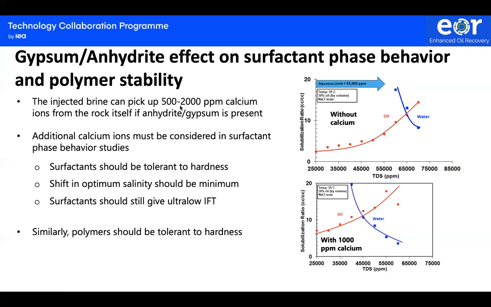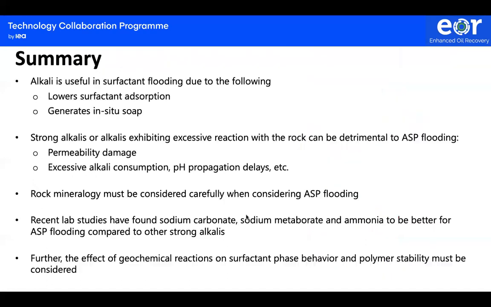So it's important to consider the effect of these interactions, particularly in the case of anhydride, not just on alkali but also on surfactant phase behavior and on polymer stability, because some polymers are not tolerant to hardness, particularly if the degree of hydrolysis is very high for an acrylamide polymer.